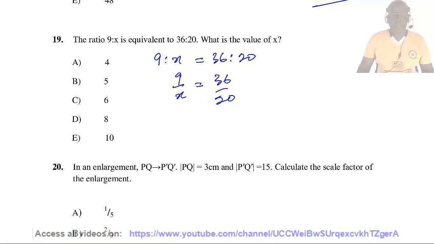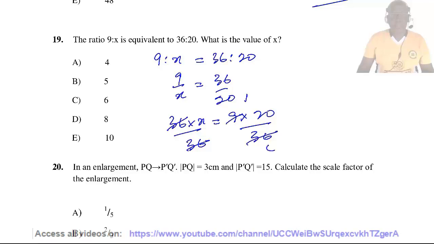That is 36 times S equals 9 times 20. We shall divide both sides by 36. 36 will cancel 36. Now 9 goes here 1, 9 goes here 4, 4 goes here 1, 4 goes here 5. So the answer is 5. That is B.